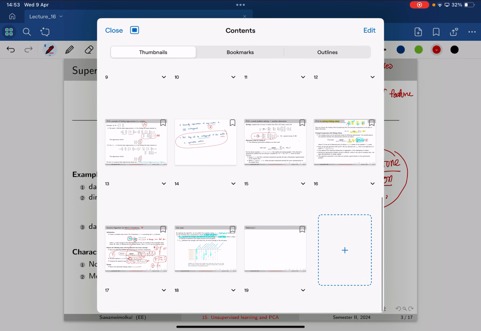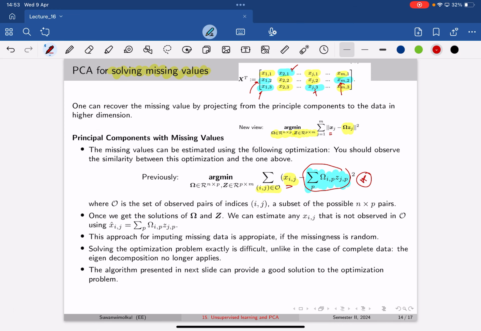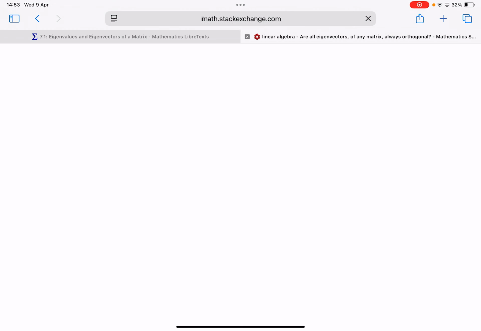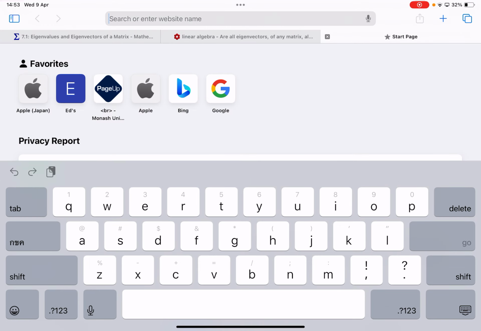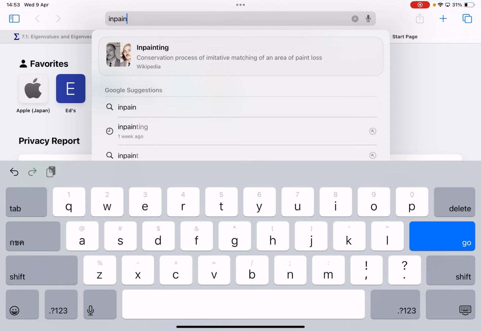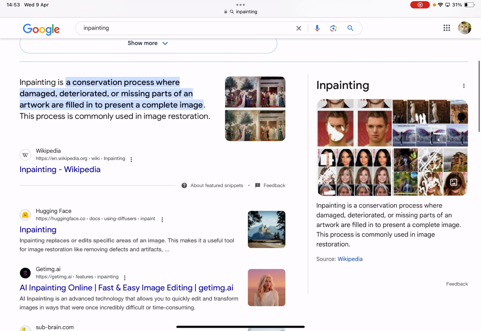Actually, one of our examples is going to be solving for missing values, and we will be using this concept to fill in the missing information. Maybe I'll show you. I'm not sure if I showed you yet, but another example that people normally refer to is the inpainting application.